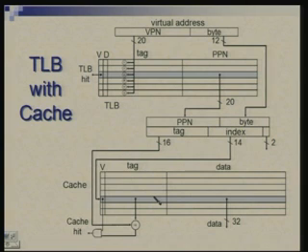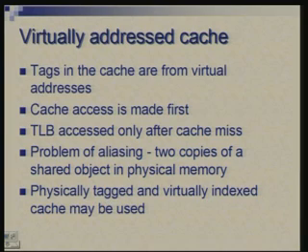So, if the field sizes are such that the index can be picked out of the non changing part, then you can start with the cache access immediately, whether the TLB access is completed or not. By the time you are getting this here, hopefully you have done the translation in the TLB and you are ready for comparison. So, here it is a physically tagged and virtually indexed cache.